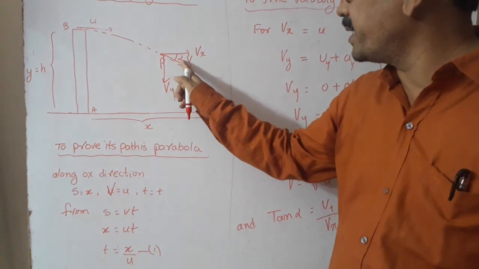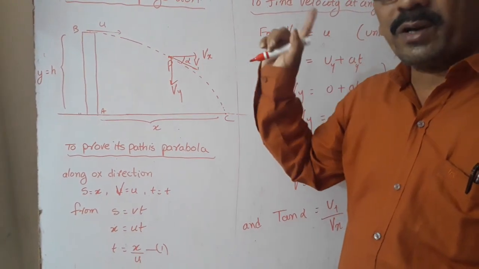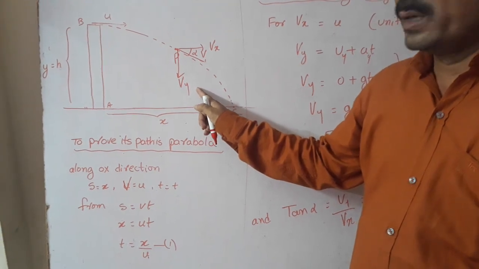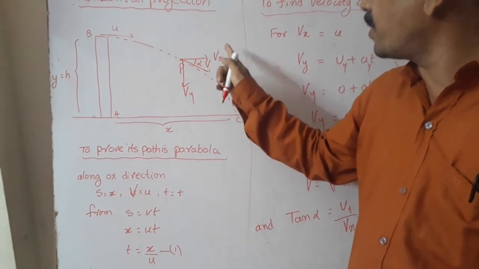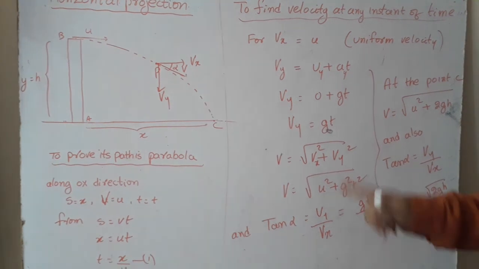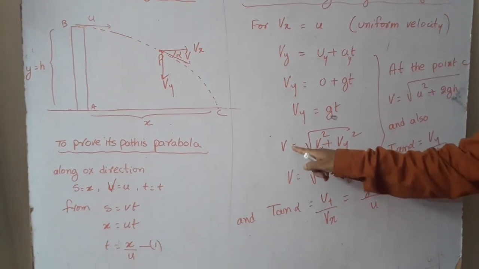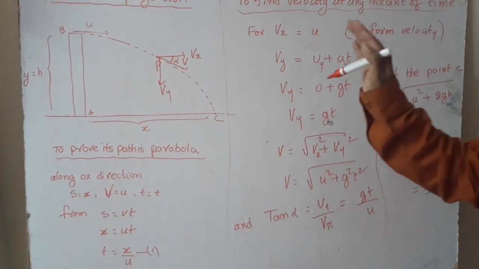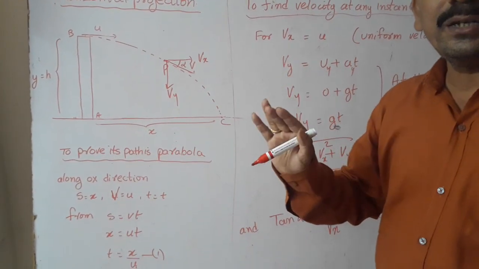To find velocity at any instant of time, we first find Vx and then Vy. Since V is the resultant of Vx and Vy, then we find V. Formula is V is equal to root of Vx square plus Vy square. Okay, thank you. We meet in the next lesson.